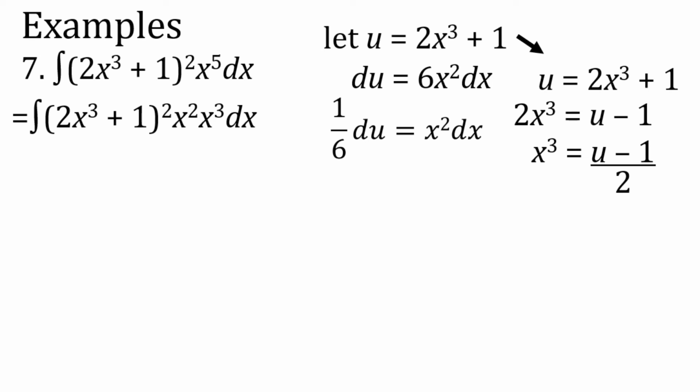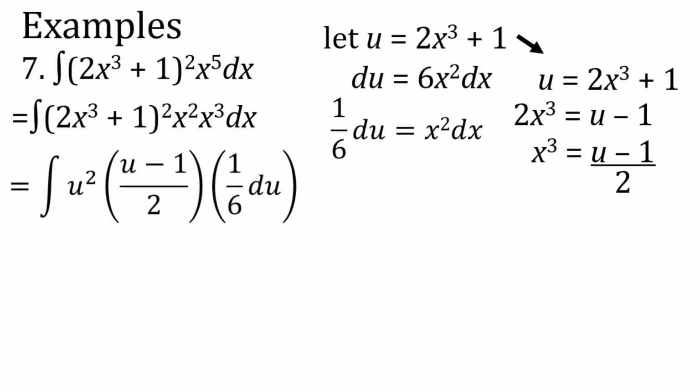Okay? And then let us substitute. We have our u, we have our 1/6 du, and now we also have our (u minus 1) all over 2 from our example. So substitute. (2x cubed plus 1) squared became u squared. Our x cubed became (u minus 1) all over 2.